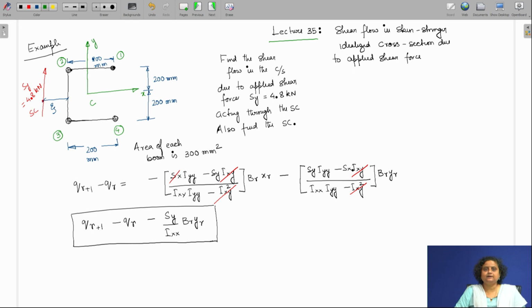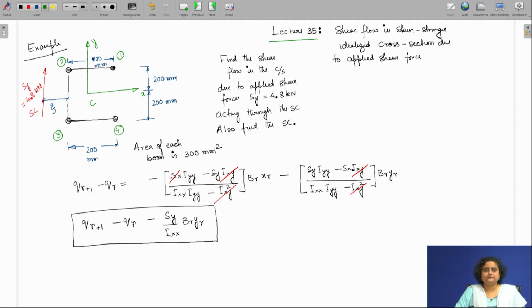As we know that the cross section is symmetric about x axis, the shear center is going to lie on the x axis, and let us say that the distance of the shear center is zeta from the vertical web, that is 2, 3 of the cross section.